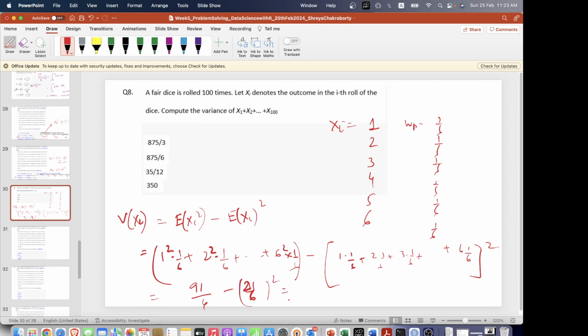The same question was in a lecture also, that's why I remember that value. Alright. This is 91 by 6 minus, I think I made a mistake. Ma'am, I can be wrong here, I just guess it. So you just calculate this, no? This is fairly easy. I am making some mistake over here.